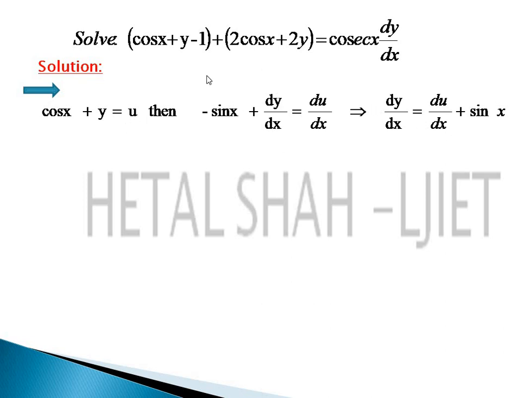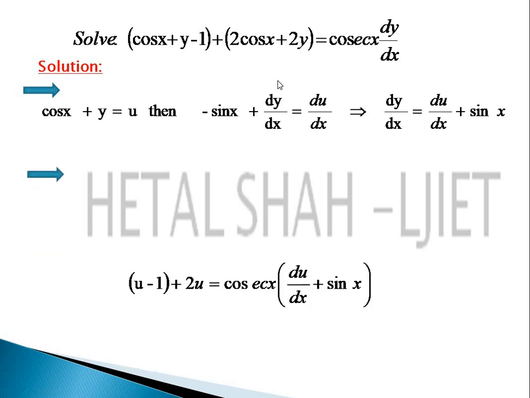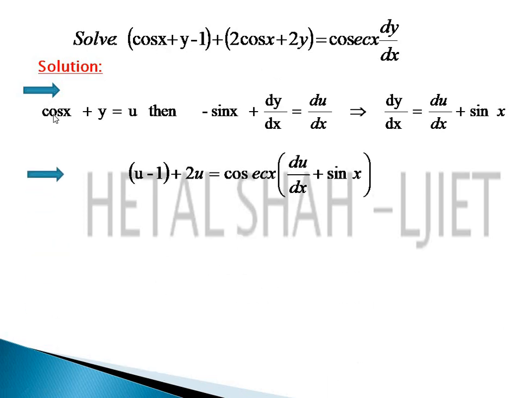Substitute this value in the given differential equation. Here cos(x plus y) is u, so u minus 1. If we take 2 common, 2 into cos(x plus y), that is 2u, is equal to cosec x into dy by dx, which is du by dx plus sin x. After rearranging, here u minus 1 plus 2u is 3u minus 1, which is equal to cosec x into du by dx.